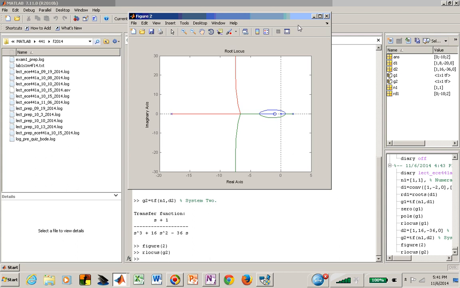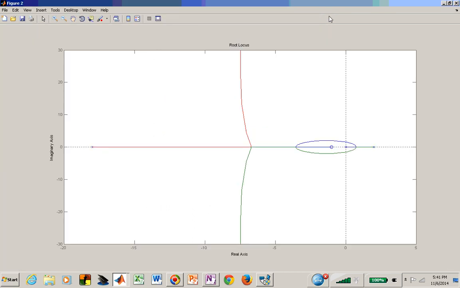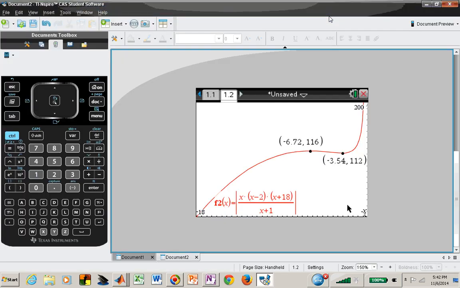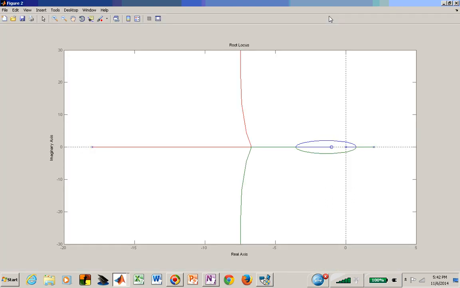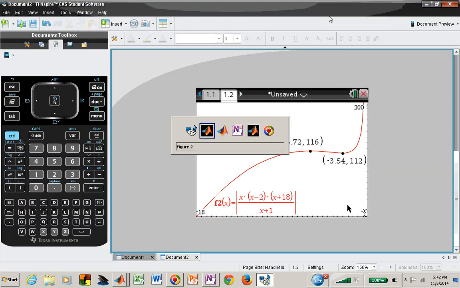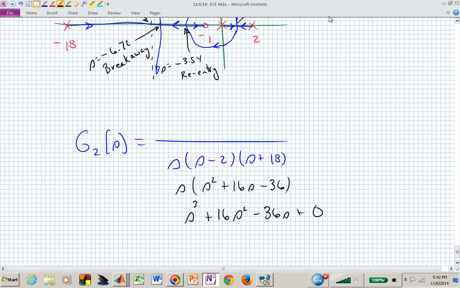And now you can see that in fact we have validated our root locus pattern. This is now the pattern on the right, or pattern B, and we now do know why that's true, because of K having a relative minimum at minus 3.54 and then a relative maximum where it now breaks away at minus 6.72, and that's consistent with this particular sketch.